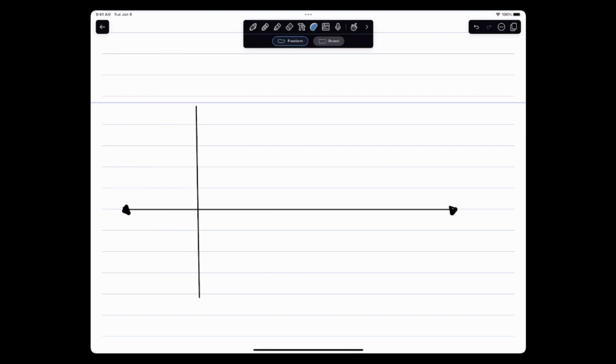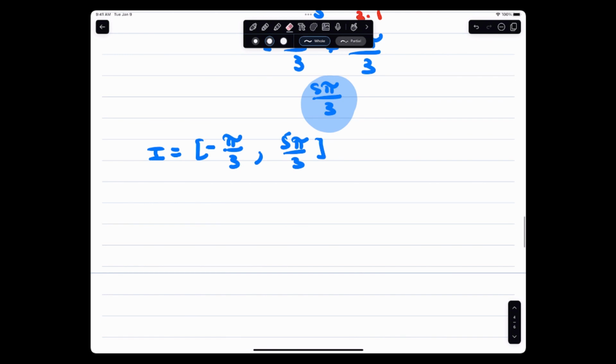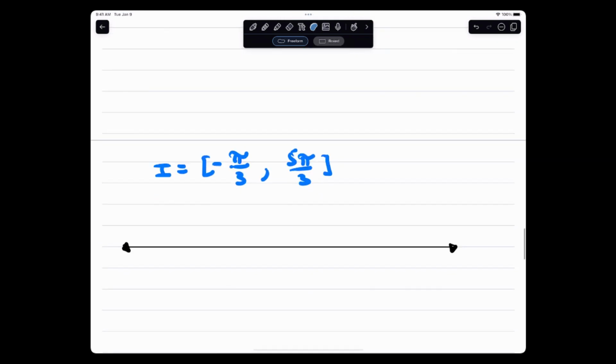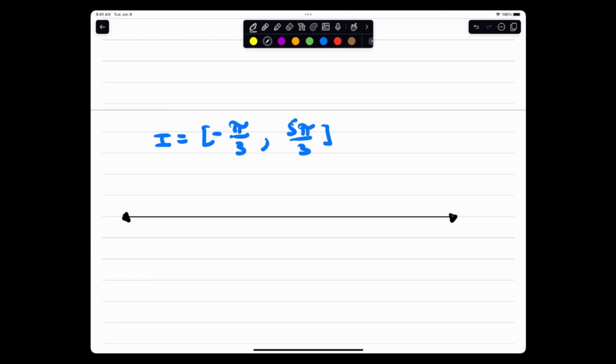And so I'm going to do this here, ladies and gentlemen. Here's going to be a real situation here. If you have to start at that negative pi over 3 and end at 5 pi over 3, this is where you what again? Start, and then here's where you what? End.